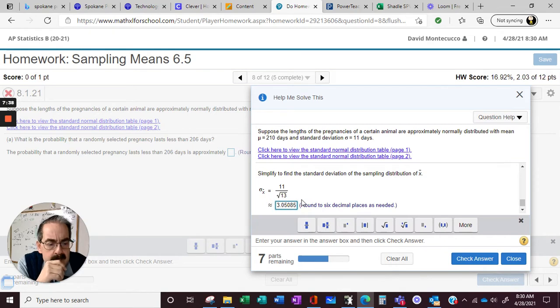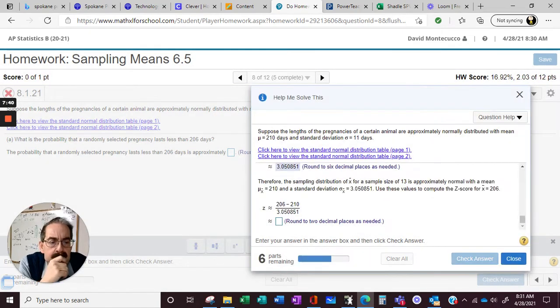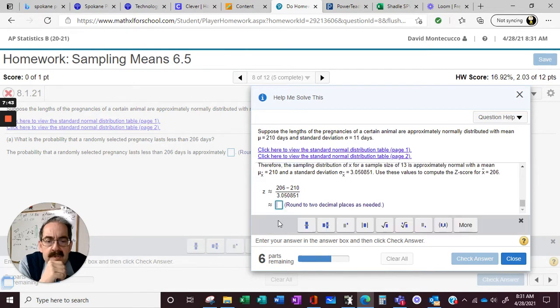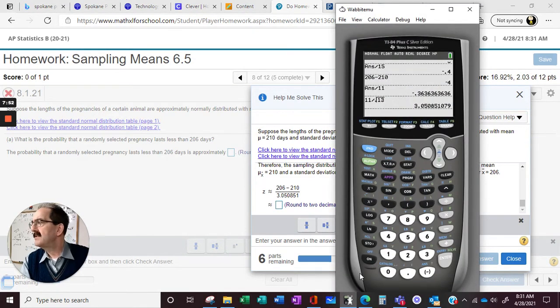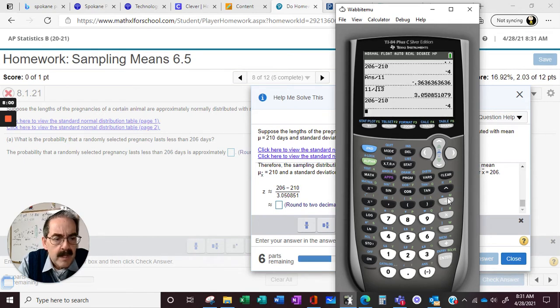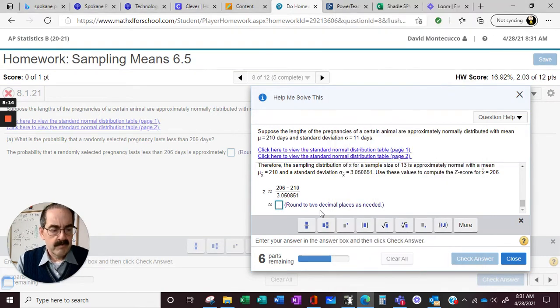Then round to 2 decimal places. We have 206 minus the 210, all divided by 3.05085. To 2 decimal places, negative 1.31.